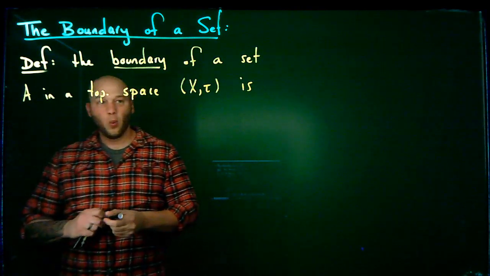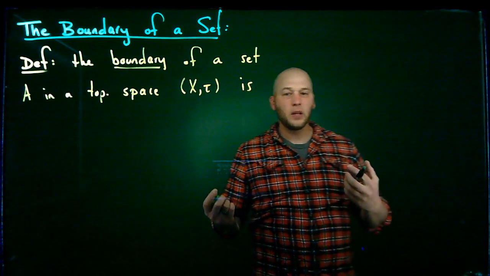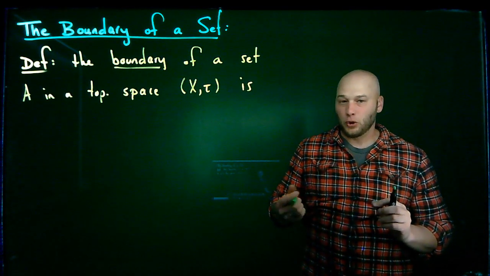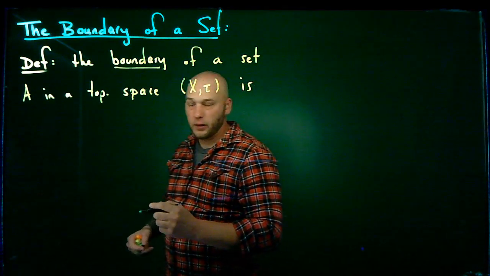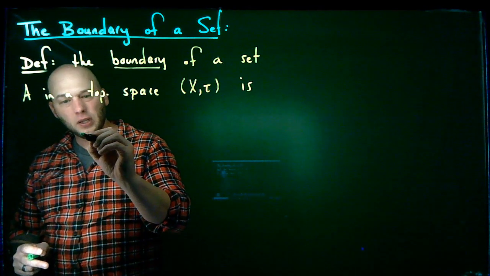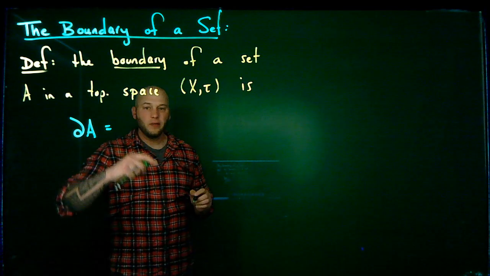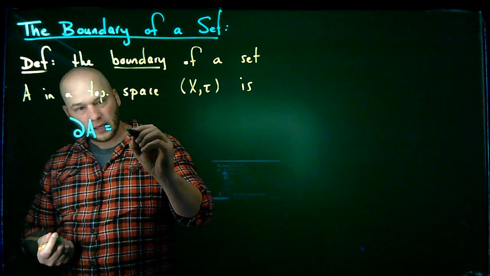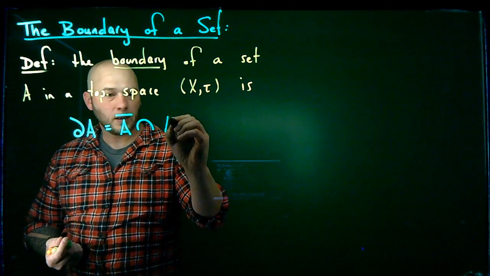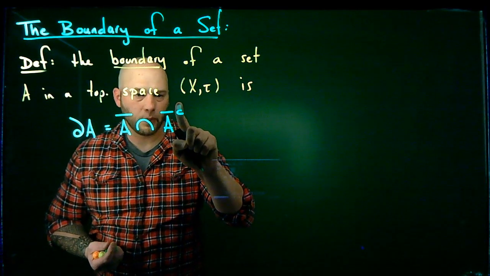One way I'm going to write this, before I write it, mathematicians are in love with the partial derivative symbol, so we just use that here just because we want to. Again, it's not a partial derivative, but the notation is the boundary of A. The boundary of A is given by: I take the closure of A and then I intersect it with the closure of the complement.